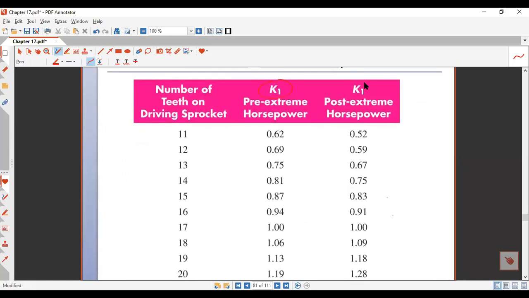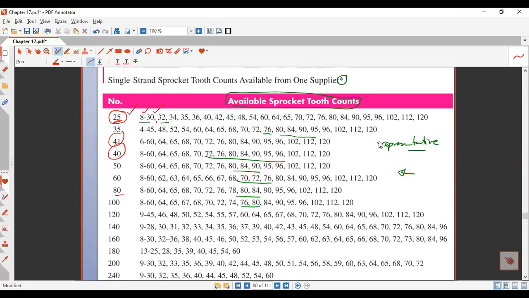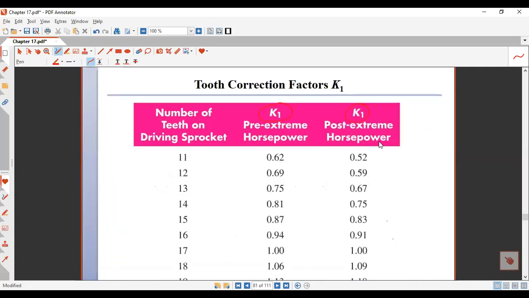This is K1, post extreme and pre extreme. Now, what is post extreme and pre extreme? देखिए, one is link plate limited and the other one is roller limited. ठीक है जी. तो post extreme वाली जो entries हैं, those are the link plate limited entries. It's just the way that they are calculating the horsepower or the performance.